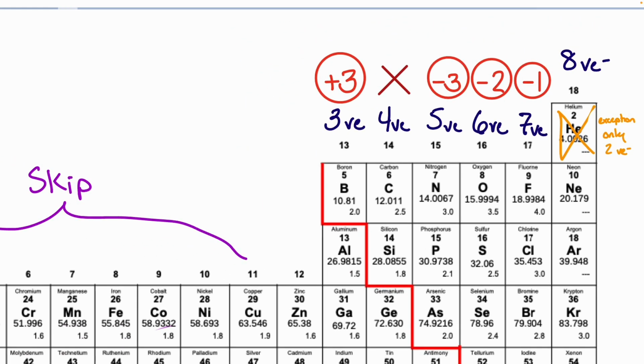All right, and then what about our noble gases? They're happy. They already have 8, which is why they don't appear in compounds. All right, they don't form bonds with other atoms. They have already gotten their 8 electrons. They're not going to lose any. They're not going to gain any. So these do not form ions. All right, you will always only see them as neutral atoms.